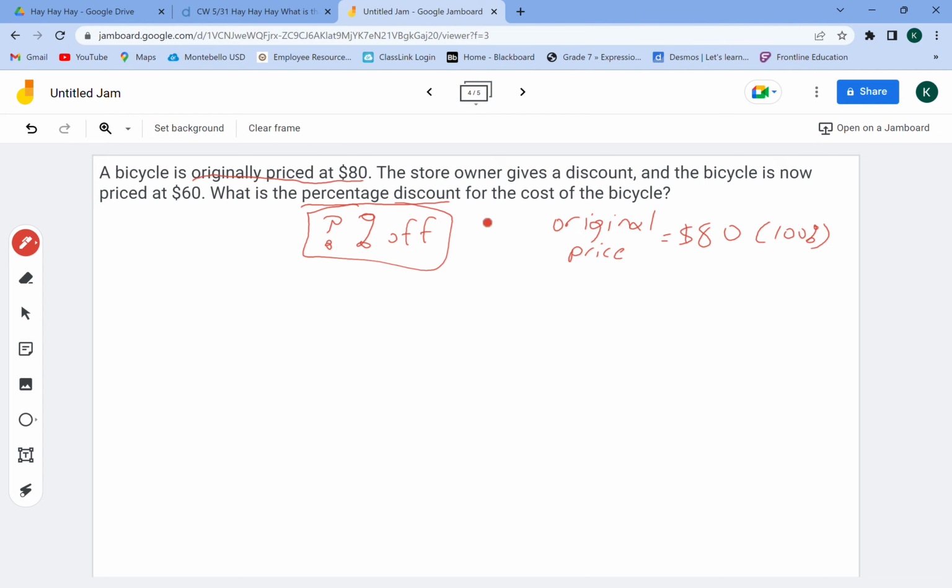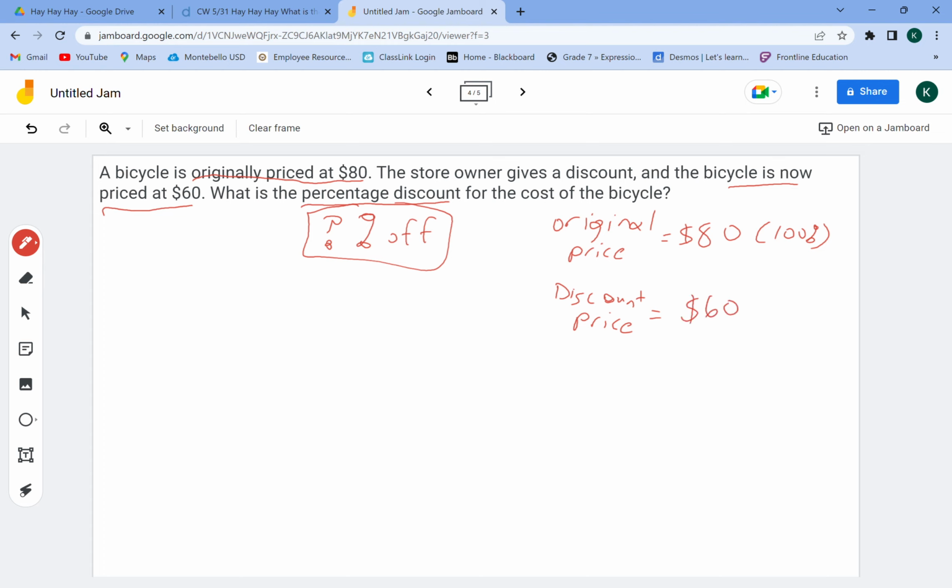And then once the owner gives me a discount, the bicycle is now $60. So this right here is the discount price. The discount price is going to be $60.